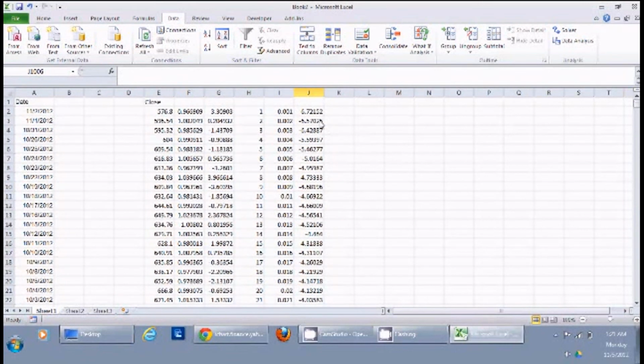Now this is my percentage change, and this is my cumulative distribution function for the probability.